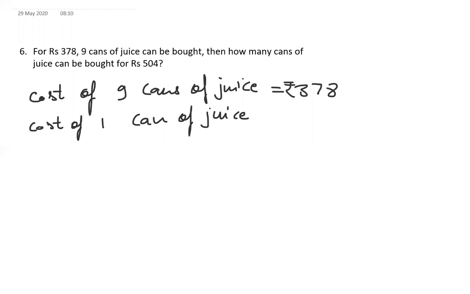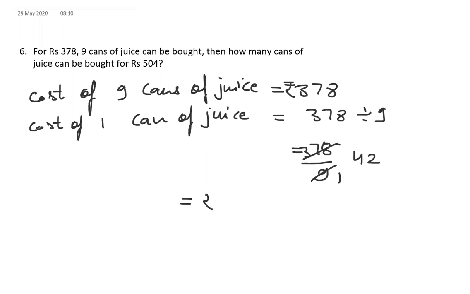So 378 divided by 9, 378 upon 9. 9 ones are 9, 9 fours are 36, 1 carry 18, 9 twos are 18, so 42 rupees. The price of 1 can of juice is rupees 42.